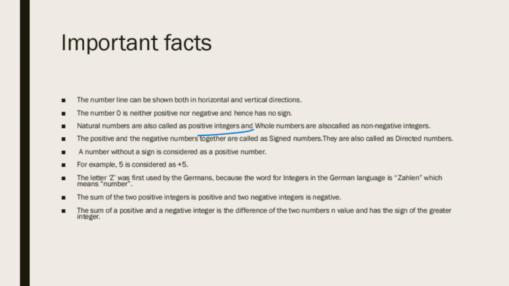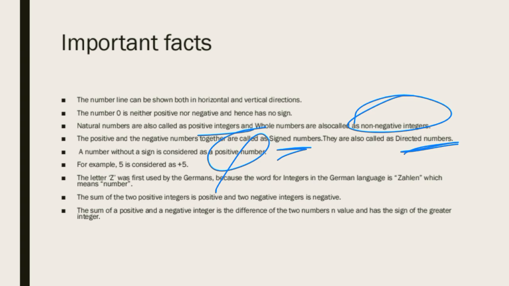Whole numbers are also called non-negative integers. Positive and negative integers together are called signed numbers. They are also called directed numbers. A number without a sign is considered a positive integer.